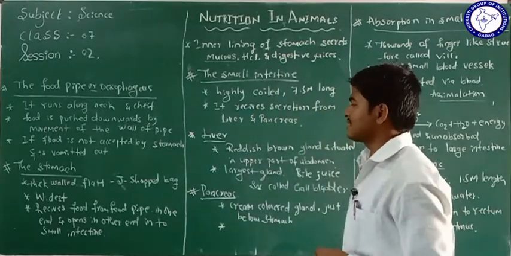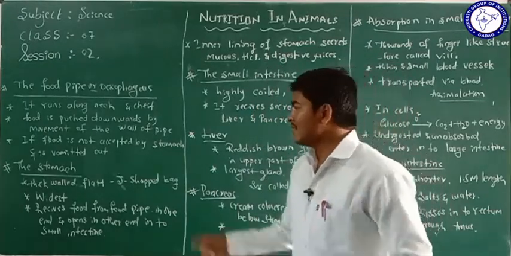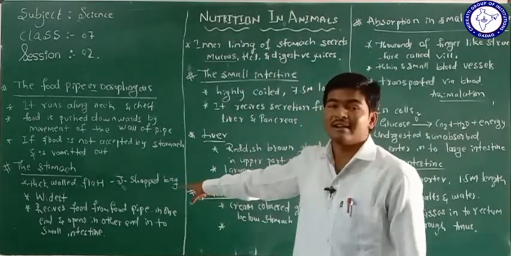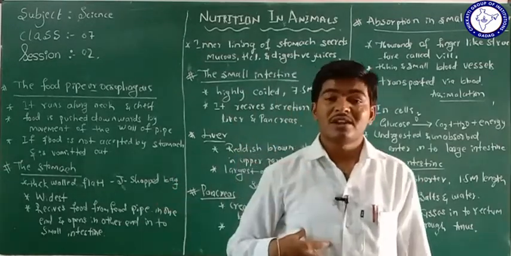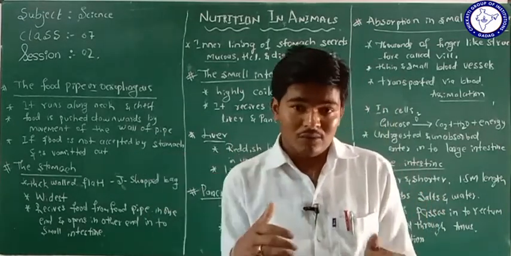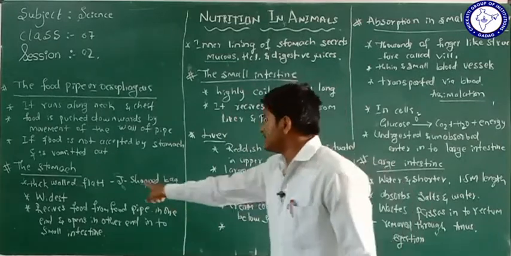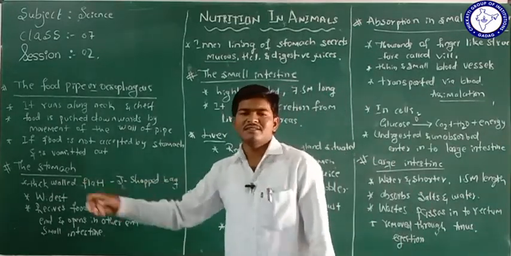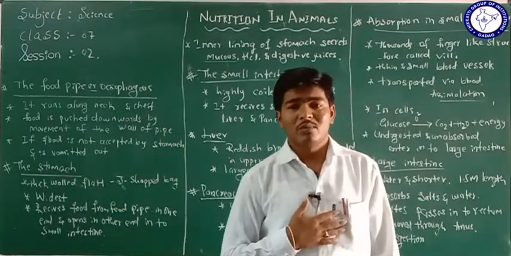So what happens in the stomach? Stomach is a thick walled, flat, J-shaped bag like structure present in our body. It is the widest part in our body.